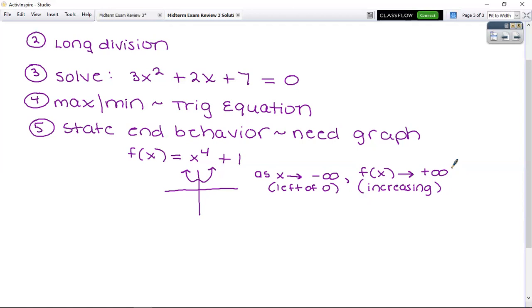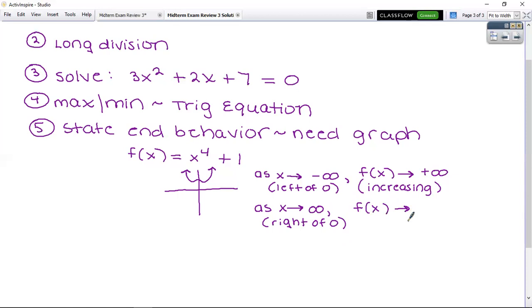Now we have to do the other side because again, this graph has 2 ends, left and right. So now I'm going to say as x approaches infinity. So basically, as I go to the right of 0, again, translation right of 0, then what is that graph, that side of the graph doing?